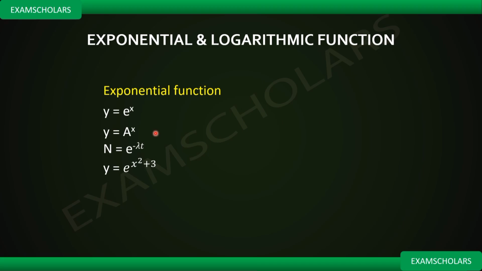An example of an exponential function in physics is the decay formula in radioactivity: N = e^(λt), where λ is the decay constant and t is the time. This expression is also an exponential function.